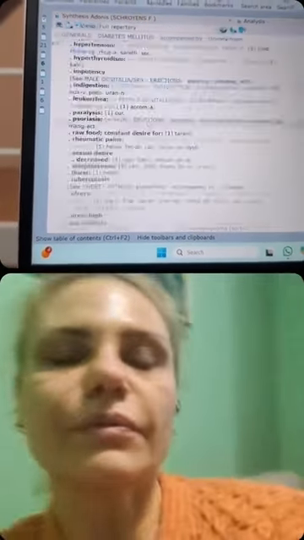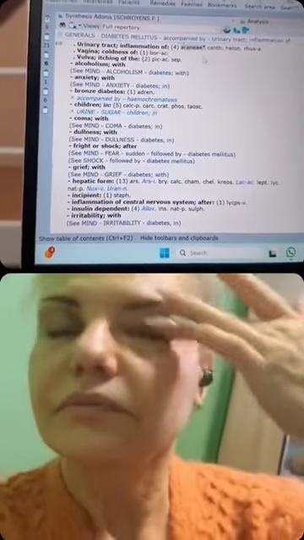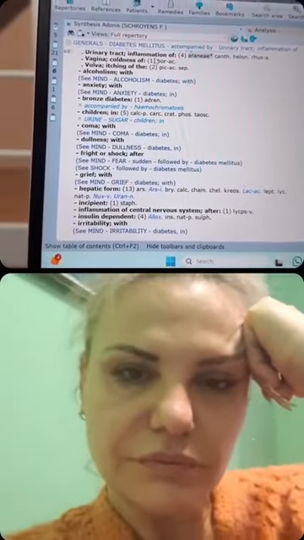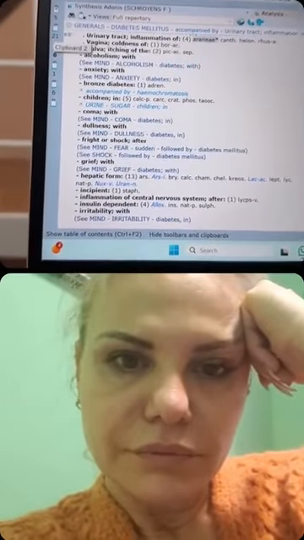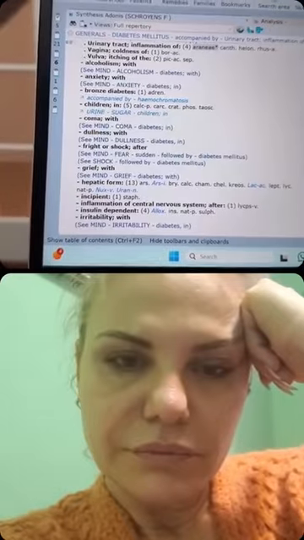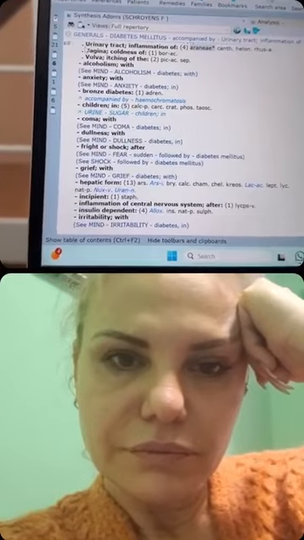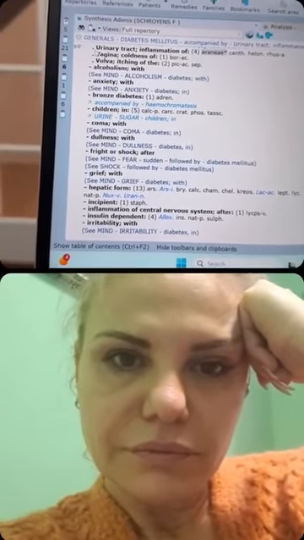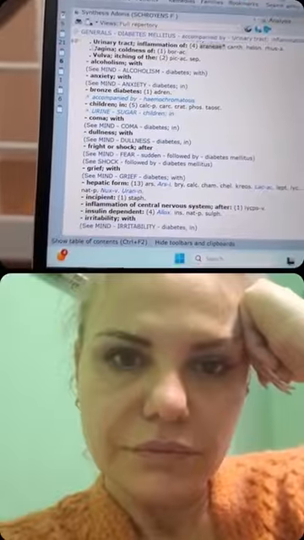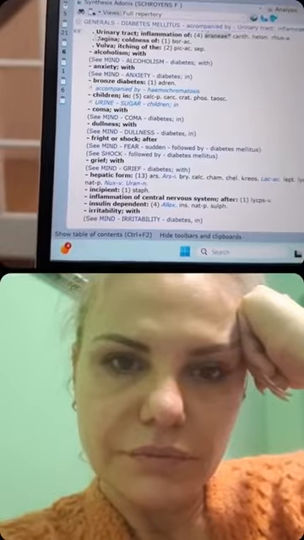Then diabetes mellitus with inflammation of the urinary tract. Urinary tract, it means the person has inflammation of the bladder, inflammation of the urethra, or this is because of prostate gland enlargement.